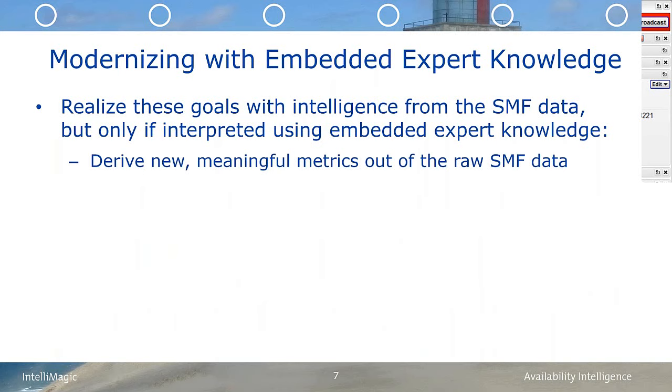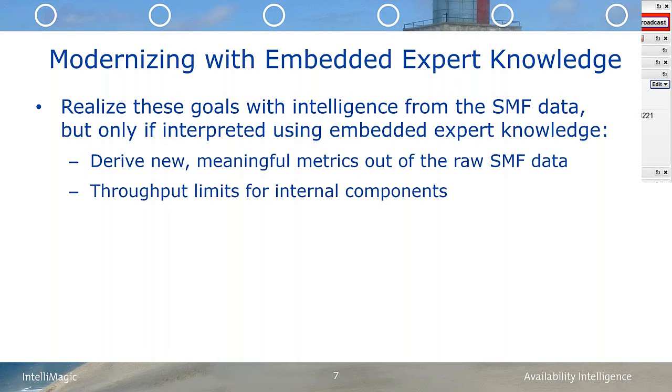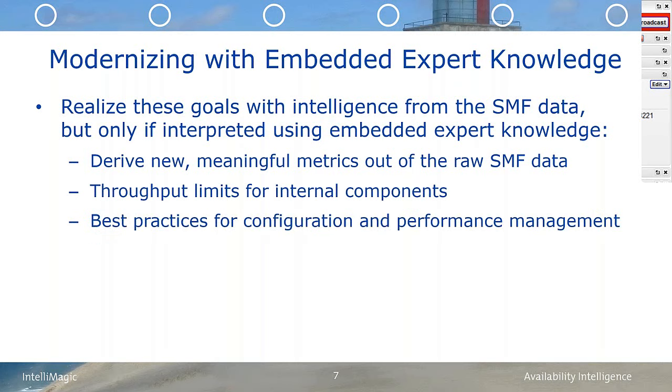So this embedded expert knowledge helps us to do things like derive new metrics out of the raw data that are not available just in the native data. Throughput, understanding throughput, for example, and how the different internal components are handling it. Applying expert knowledge about what's the best practice for the configuration and performance of this particular infrastructure.